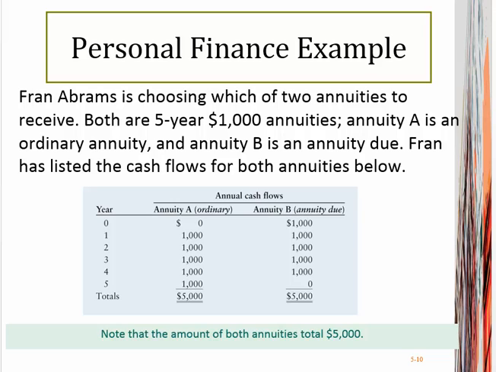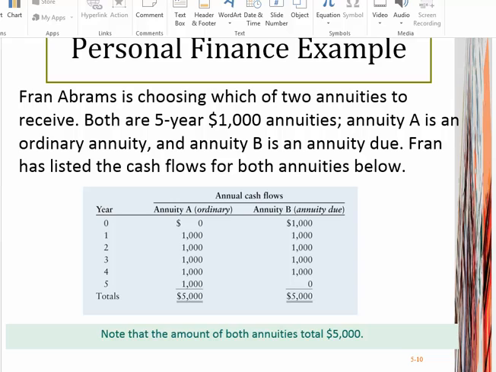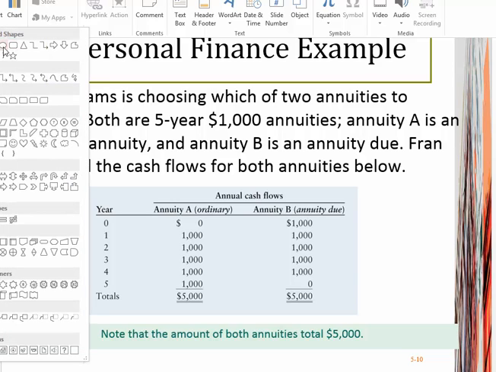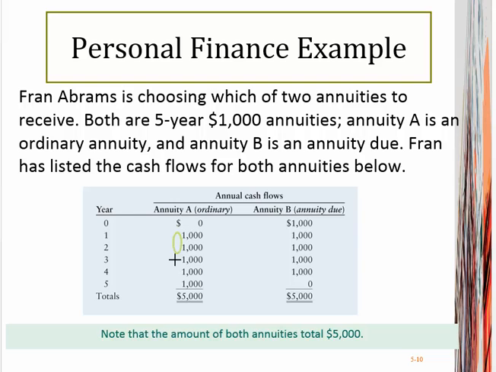If you look at these cash flows, the first 4 cash flows here and these 4 cash flows over here are identical. They happen in the same years and are the exact same amounts. So there's absolutely no difference in their future values or present values based on the formula or the cash flows.